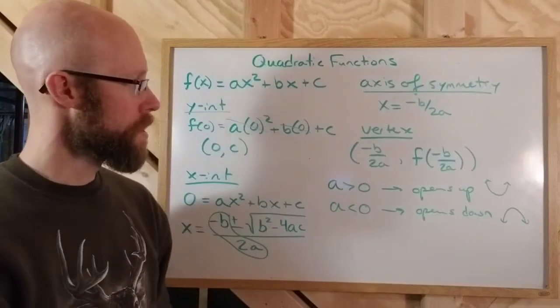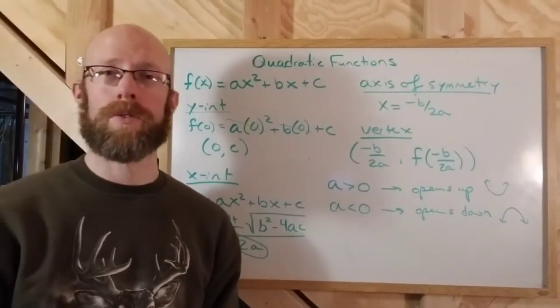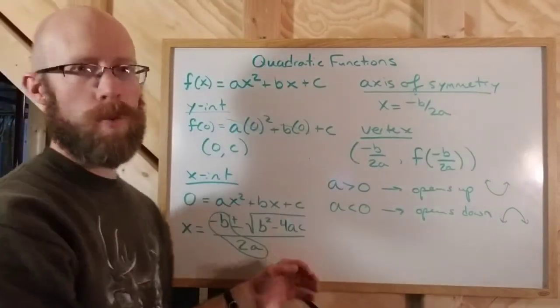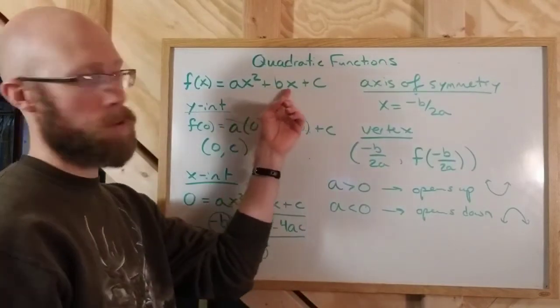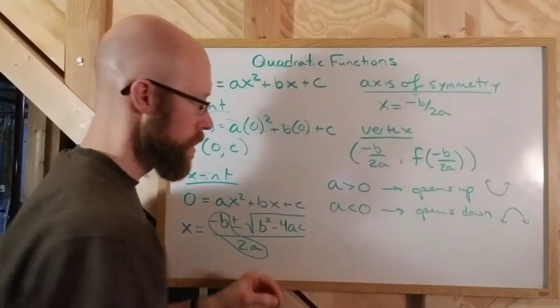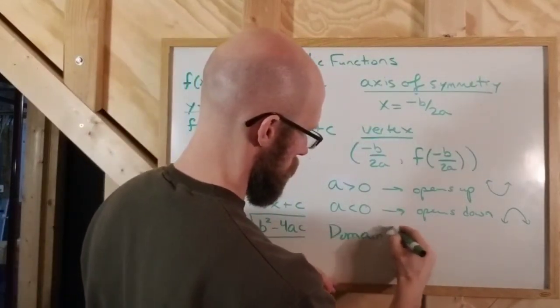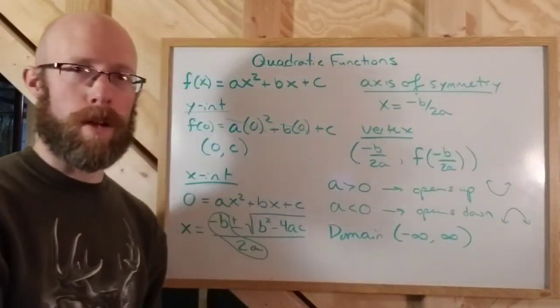Okay? All right. Now, one thing I want to mention also is the domain and the range. The domain on a quadratic function is always all real numbers. Okay, that never changes because you can plug anything into this. These operations are not limited. So the domain is going to be all real numbers every time, no matter what.